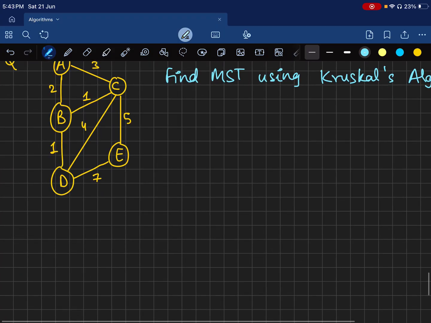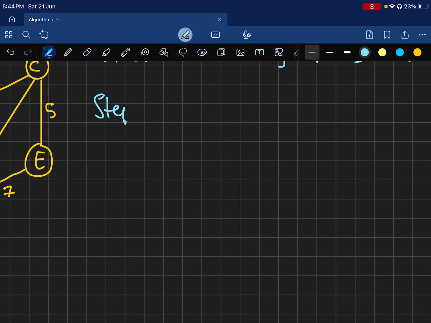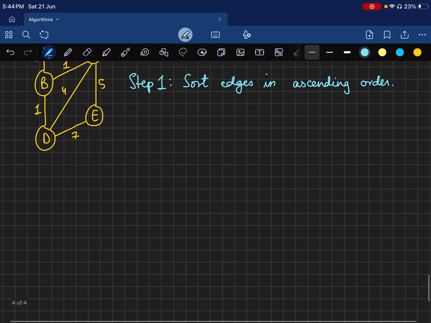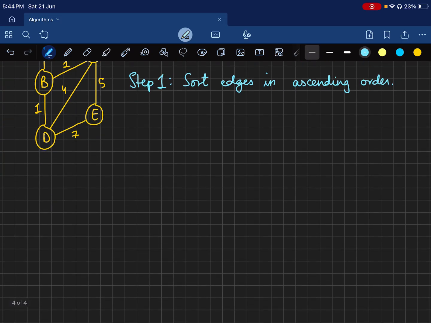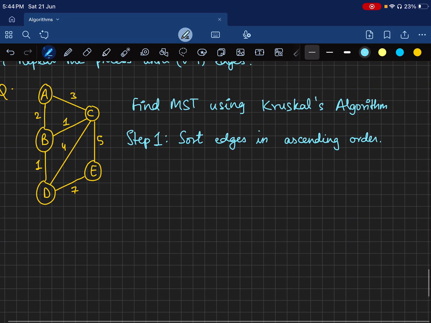So now let's take all the edges and sort them in ascending order, which is step 1 of this question. How do we sort it? Let's take every edge one by one.